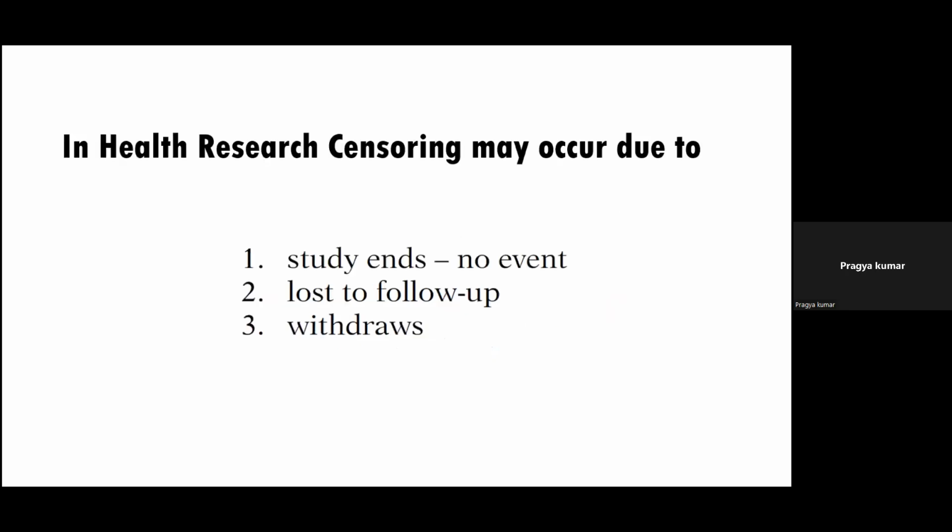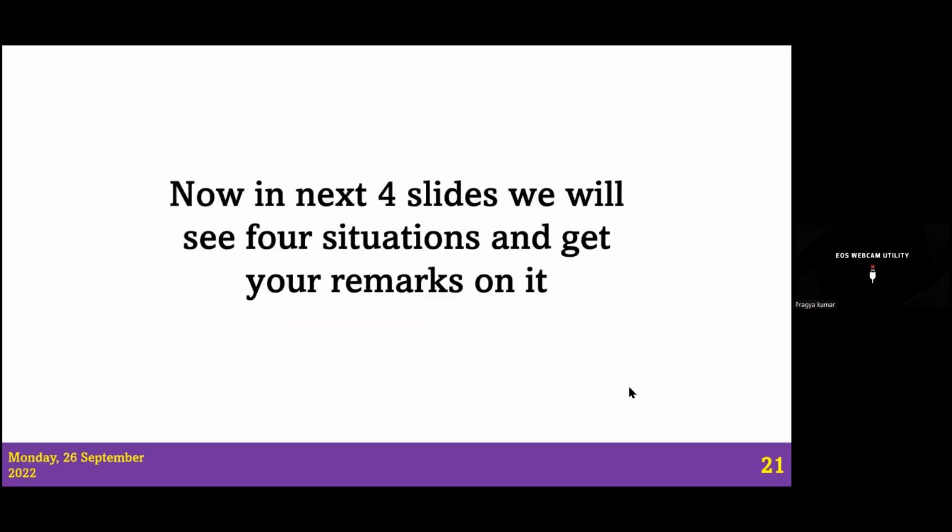In health research, censoring may happen due to many reasons which you people have also told: the study ends and there is no event, like Anshuman was telling, or there can be loss to follow up, or the person withdraws. We don't know about the event because the person said that he doesn't want to be in the study.